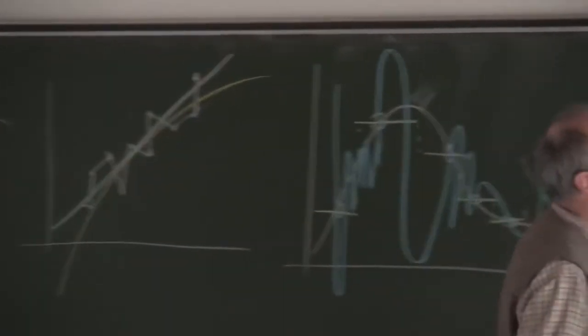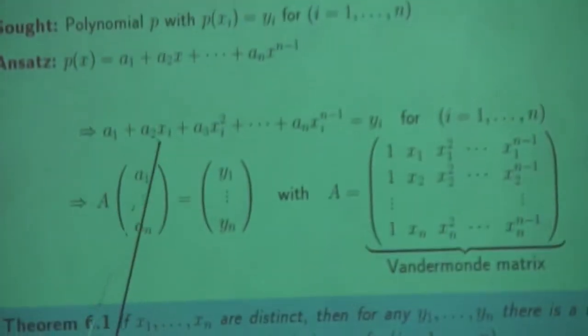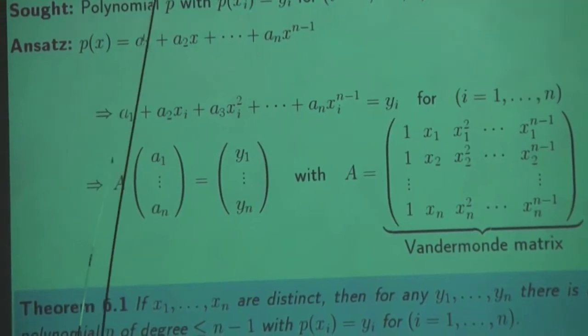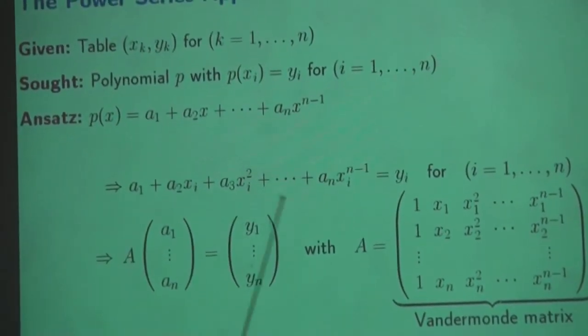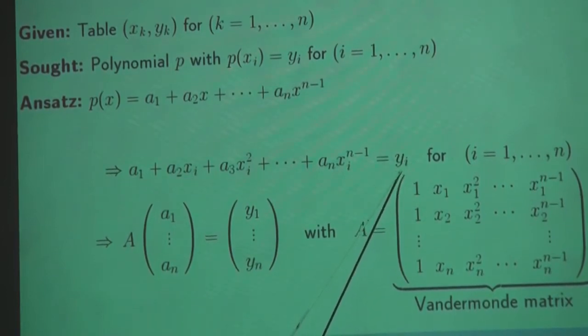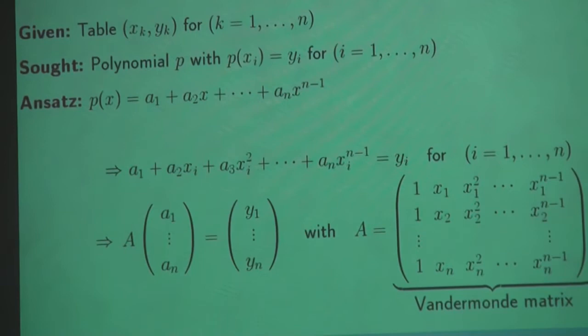Okay, yeah, I mean that's what we do here on this slide. Look, we substitute our point number i, xi, one of these points, into the polynomial, and on the right hand side we get yi. Why do we get this? Because of this requirement: p of xi is equal to yi. That's what we require. Okay, so we get this equation, but this is not one equation.